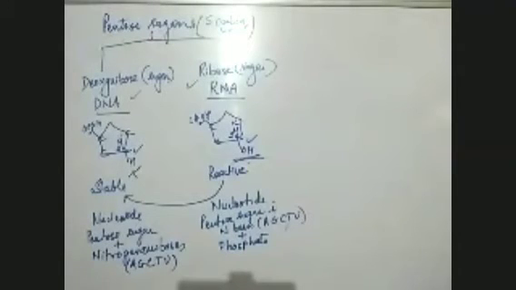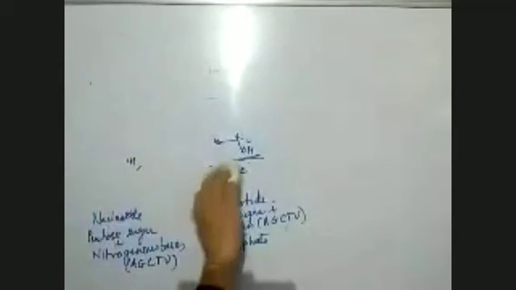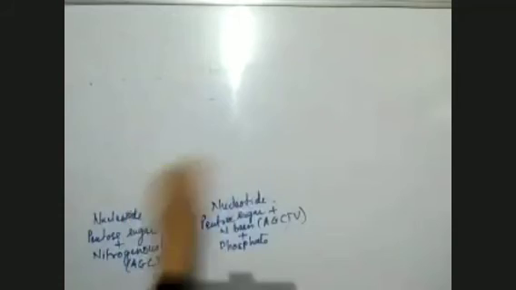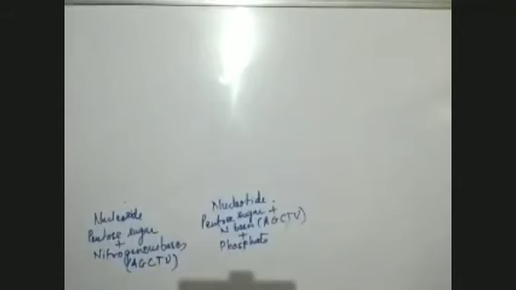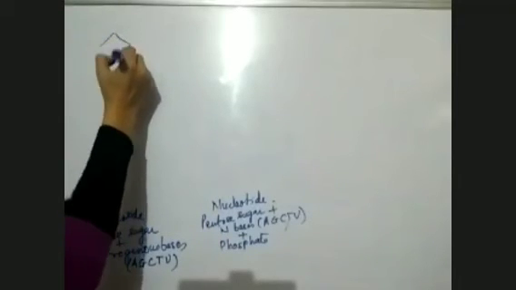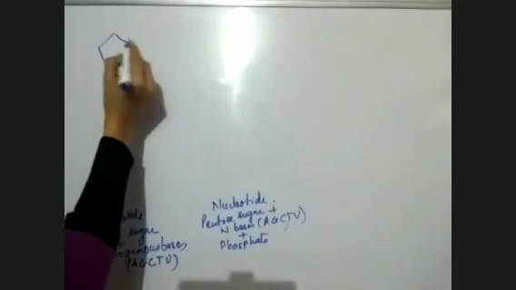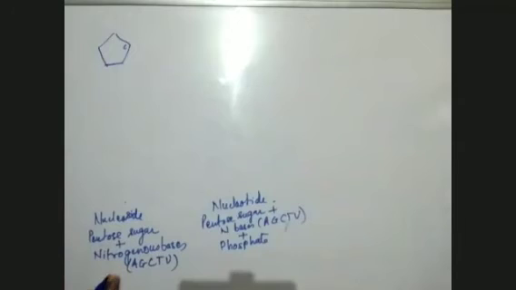Fine. And in case of DNA and RNA, these are present. And how these are present? This I'm going to tell you. So nucleoside means one pentose sugar. This is pentose sugar. And always the first carbon is attached to the nitrogenous base.